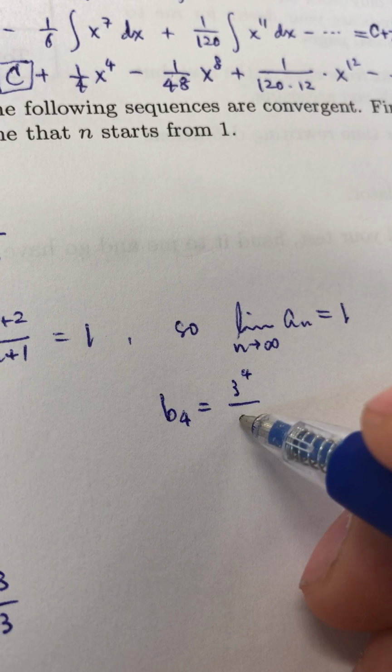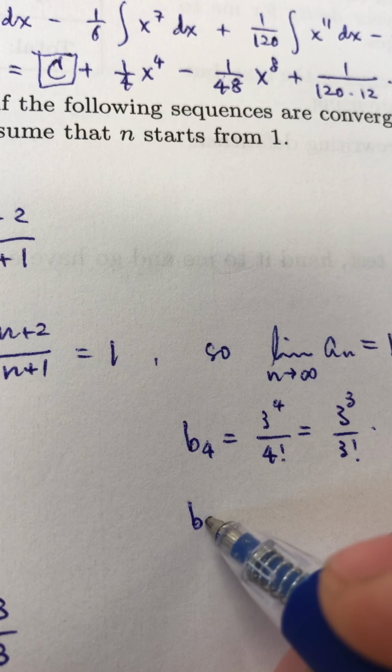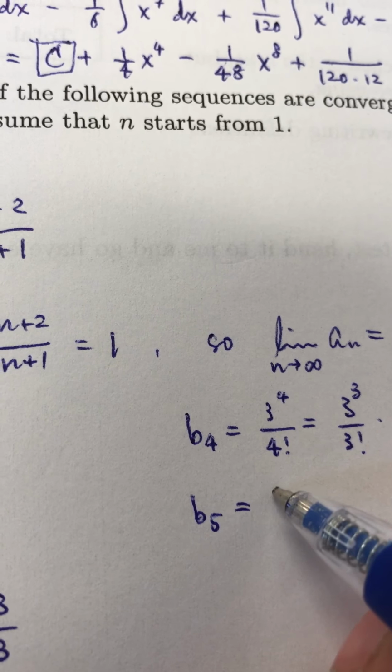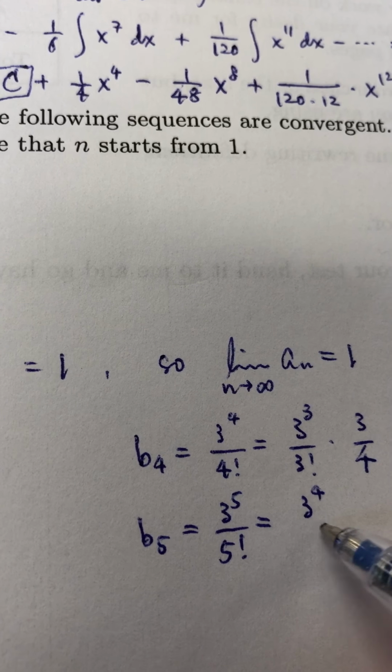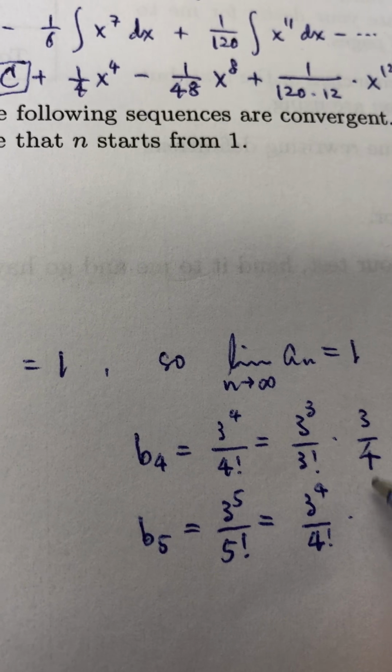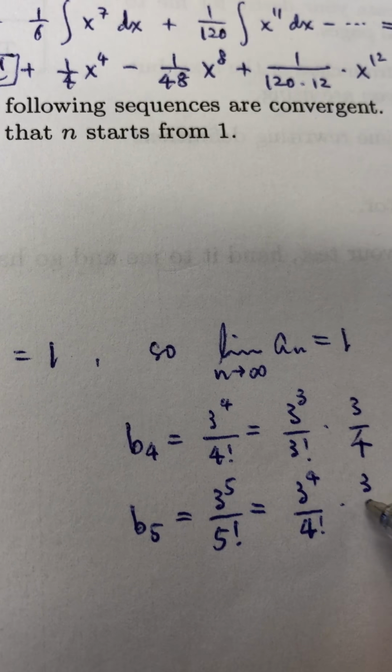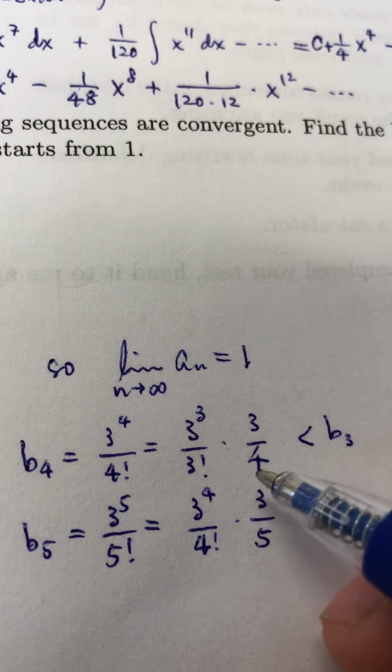So the product will be less than b3. If you keep trying, b5, 3 to the 5th over 5 factorial. And that is equal to 3 to the 4th over 4 factorial times 3 over 5. For the similar reason, it is less than b4. Okay, because this is b4, and this is a number less than 1.